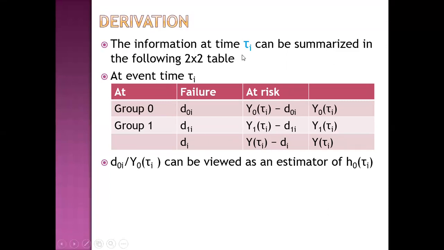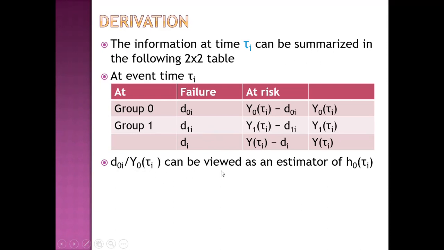The information at time i can be summarized in the following 2x2 table. At event time i, in group 0, there are d0i failures, and these are the individuals at risk. In group 1, there are d1i failures, and these are the individuals at risk.